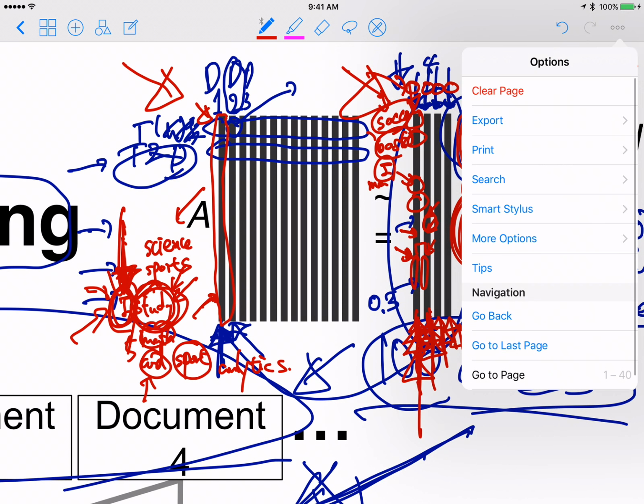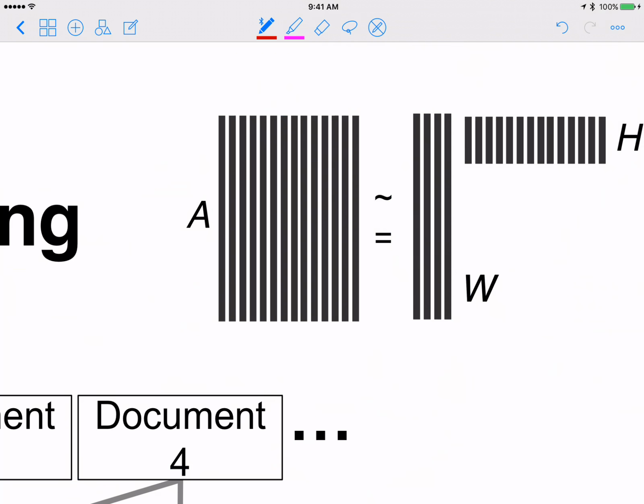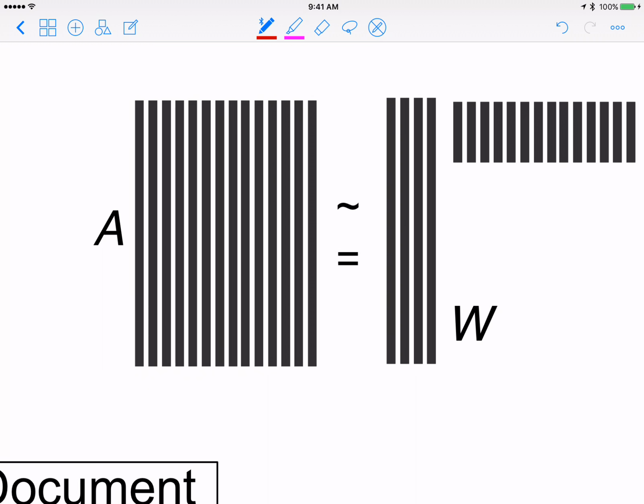Sorry for keeping using this small figure, but one typical way of pre-processing is to normalize each column. We normalize each column to have unit Euclidean length, or unit L2 norm.